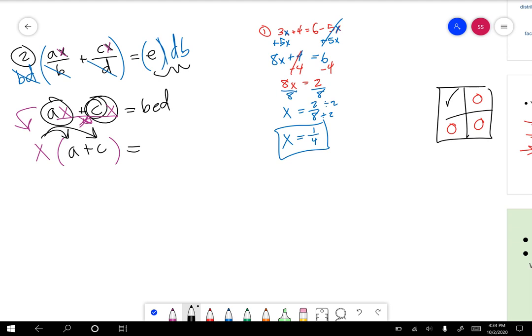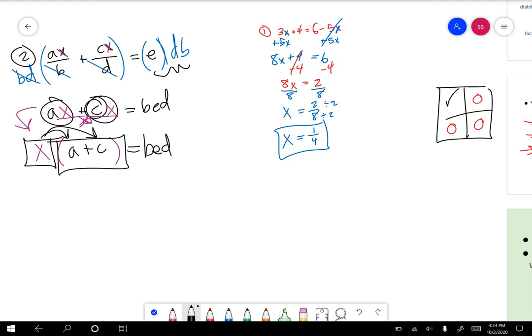The common term there was x, so we divided by x. And we weren't doing it to both sides because we're not moving the x yet. We were just basically simplifying, or undistributing, that side.